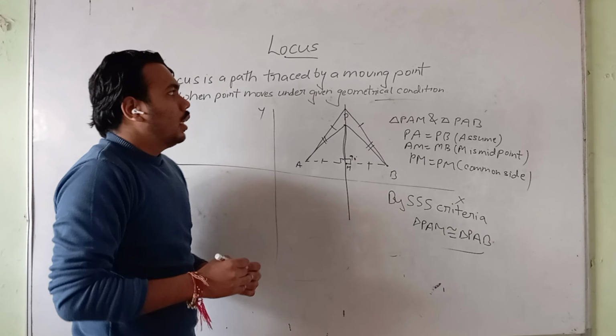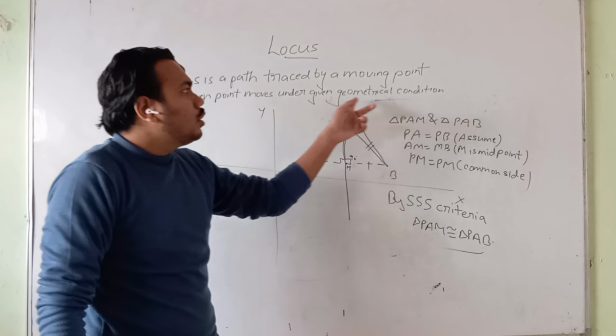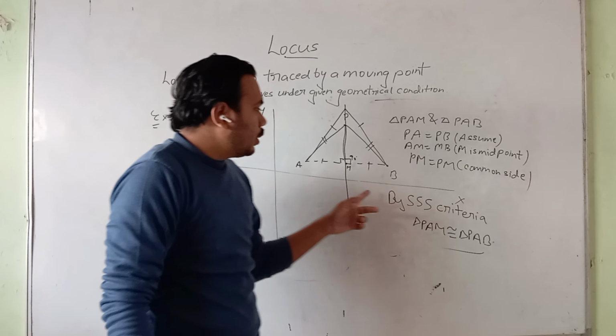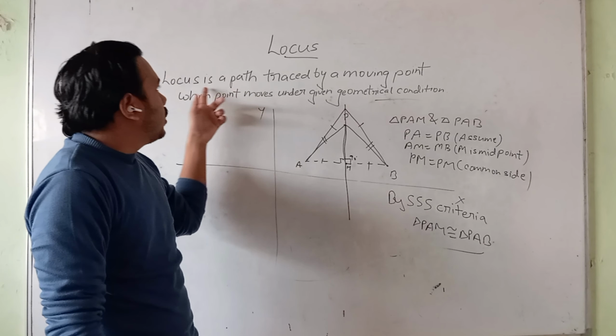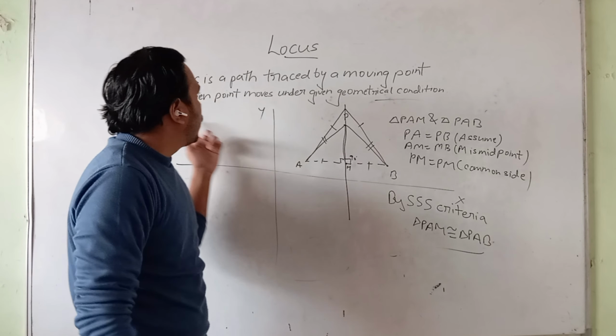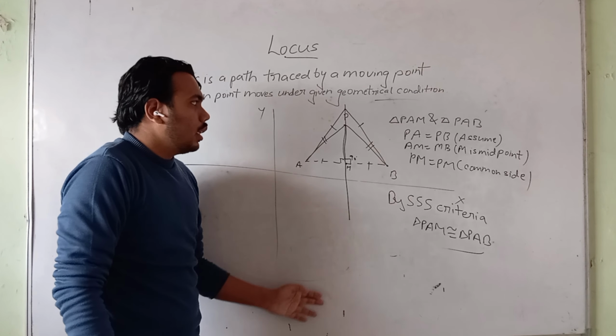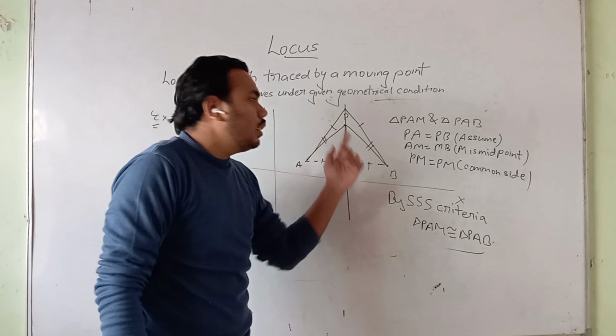Therefore, I can say that if my point P moves with the geometrical condition that it should be equidistant from the points A and B, then a path is traced. Here a straight line is traced. This path is known as the locus. Here I can say that the perpendicular bisector of the line segment AB is the locus.